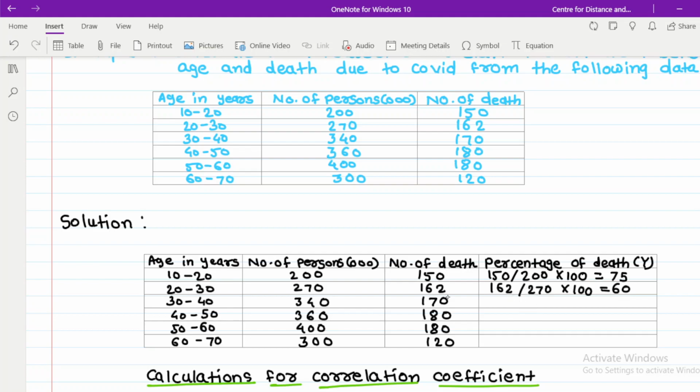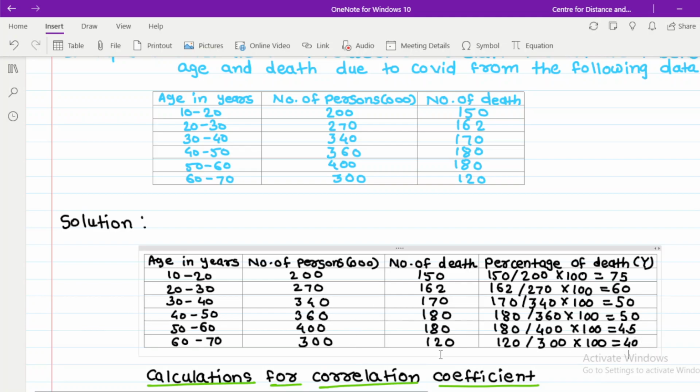Then 170 divided by 340 into 100 is equal to 50. Then 180 divided by 360 into 100 is equal to 50. 180 divided by 400 into 100 is equal to 45, and 120 divided by 300 into 100 is equal to 40.